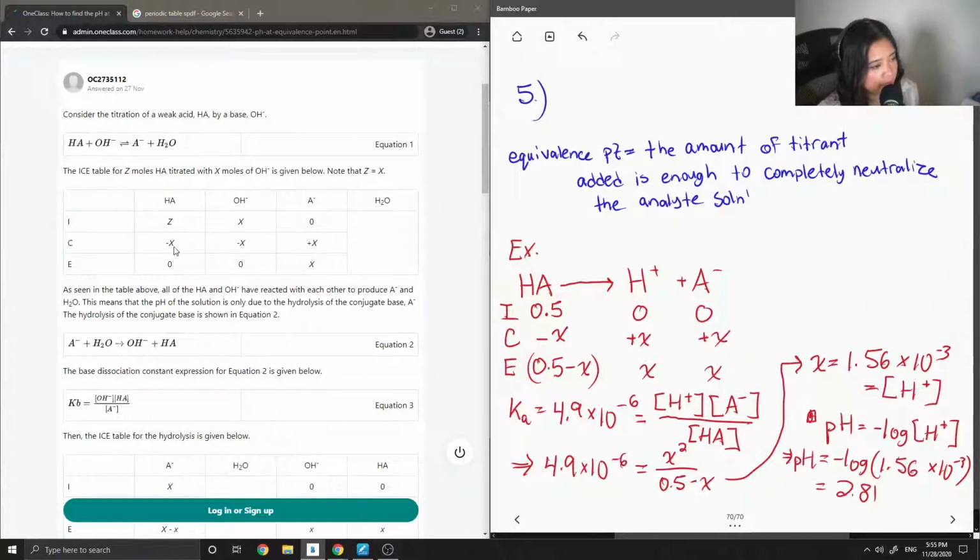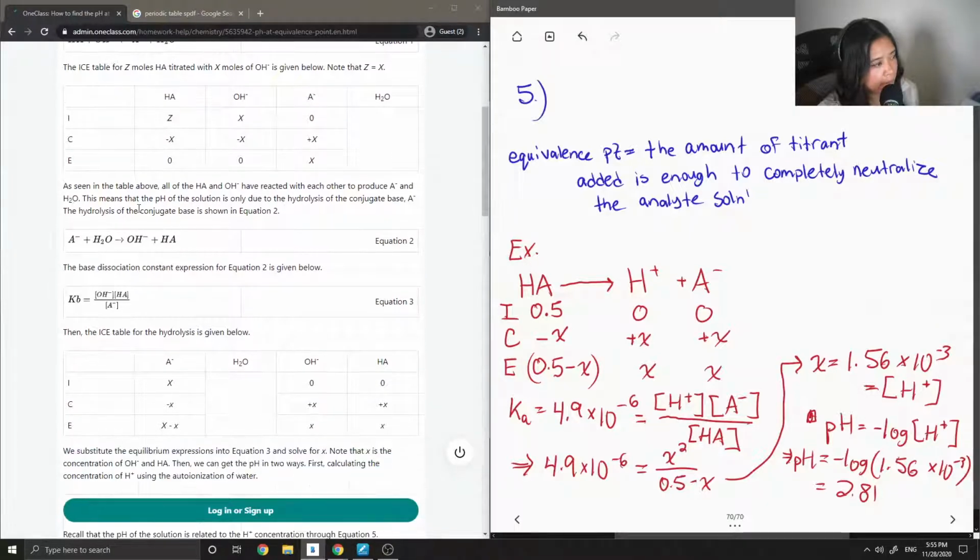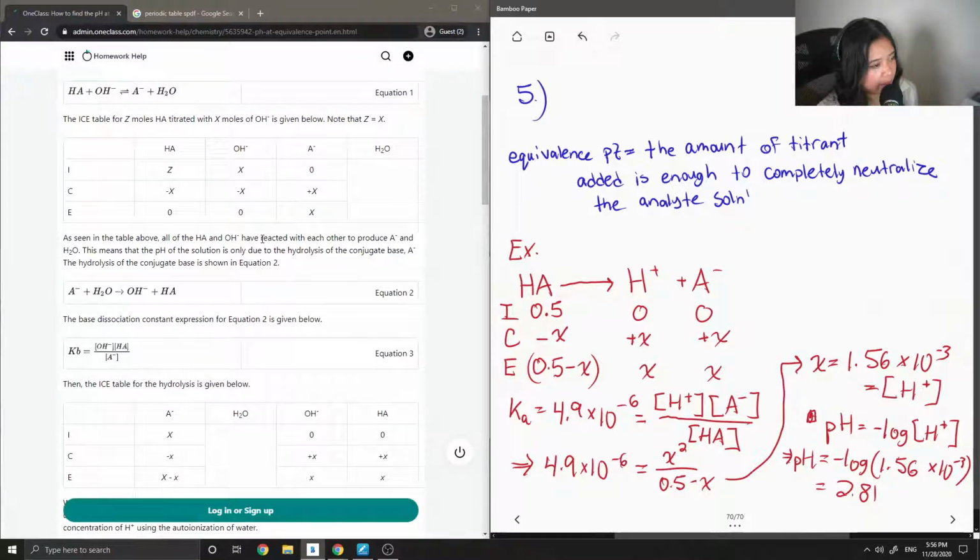So here they have a similar ICE table. As seen in the table above, all of the HA and OH- have reacted with each other to produce A- and H2O. This means that the pH of the solution is only due to the hydrolysis of the conjugate base A-.